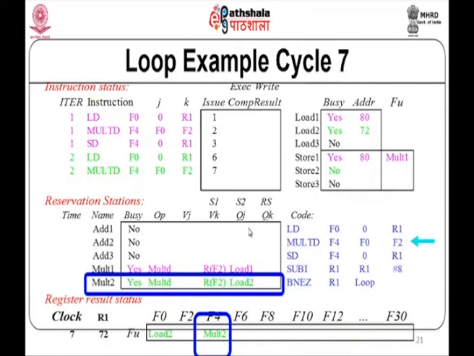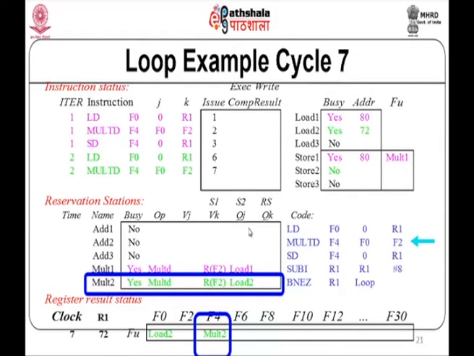If you look at the next clock cycle, clock cycle 7, we are again issuing the multiply instruction from the second iteration, because the loop has already been dynamically unrolled based on the branch predictor. Your load instruction has already been issued from the second iteration, and now we are issuing the mul instruction from the second iteration. You find that a multiply reservation station has been allocated. Of course, both the operands are not available. The F2 operand, which is a constant value, is anyway available.